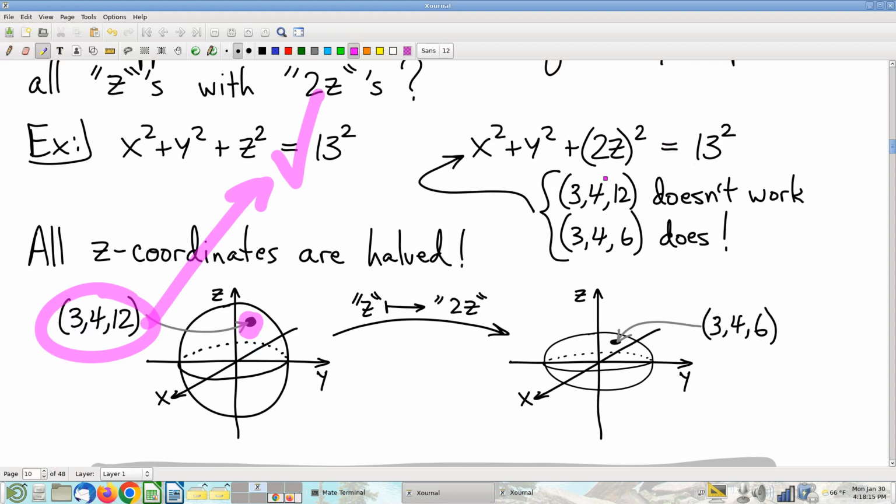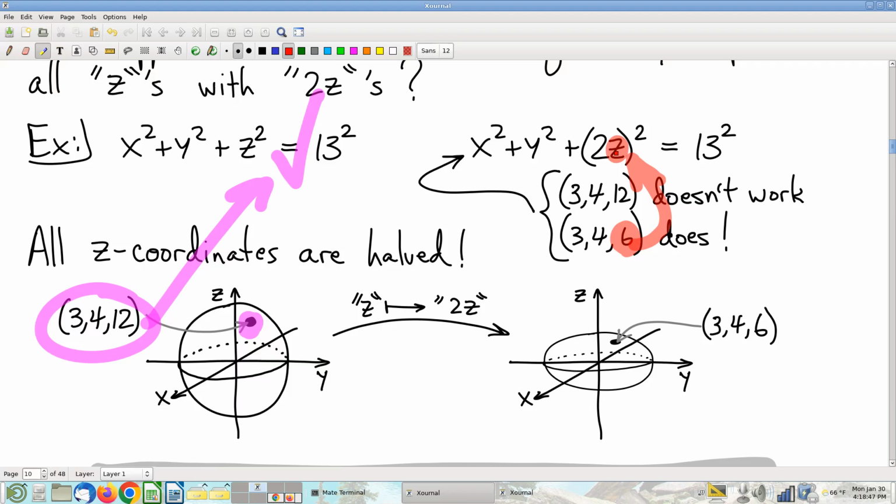But the clever move is to notice that if I were to put a 6 there instead of a 12, that 6, when I plug in for this z, the first thing that happens to that 6 is it gets multiplied by 2 and becomes a 12, which is the thing that I was squaring that made it all work over here anyway. So putting a 6 here instead of a 12 basically returns me to the same arithmetic that worked in the previous equation.